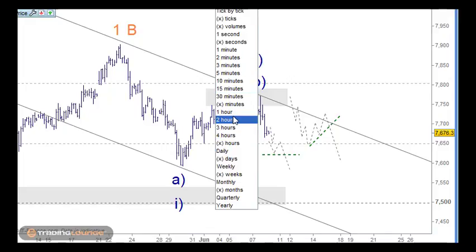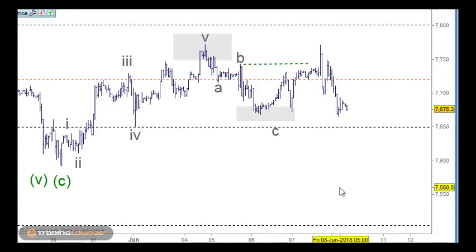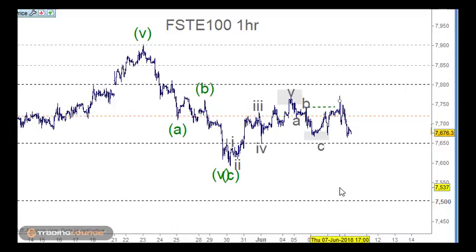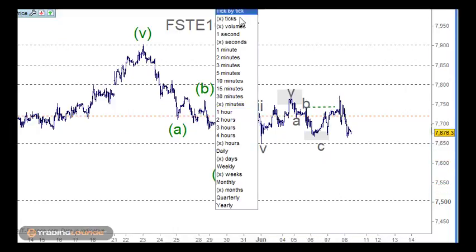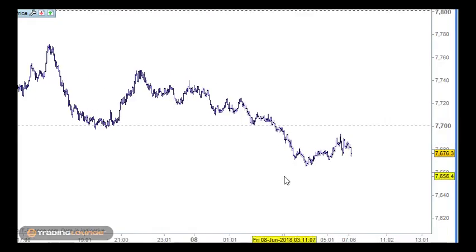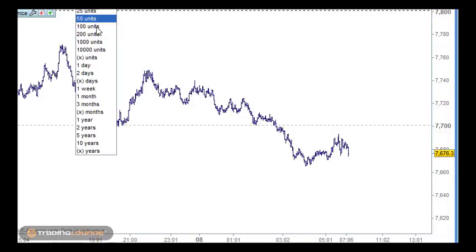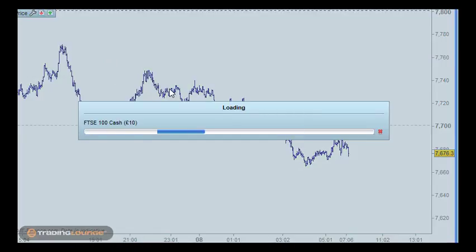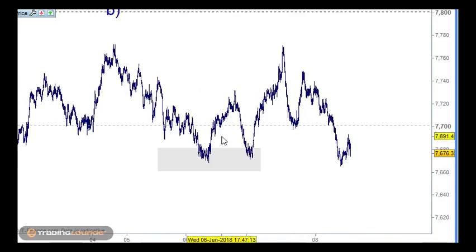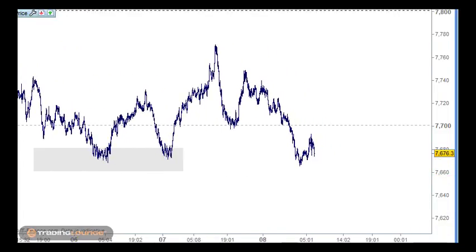Let's just have a look on the hourly chart, see if we can sharpen that up a little bit here. Tick chart might be better. Just squash this up a little bit here. Well, this has got further.